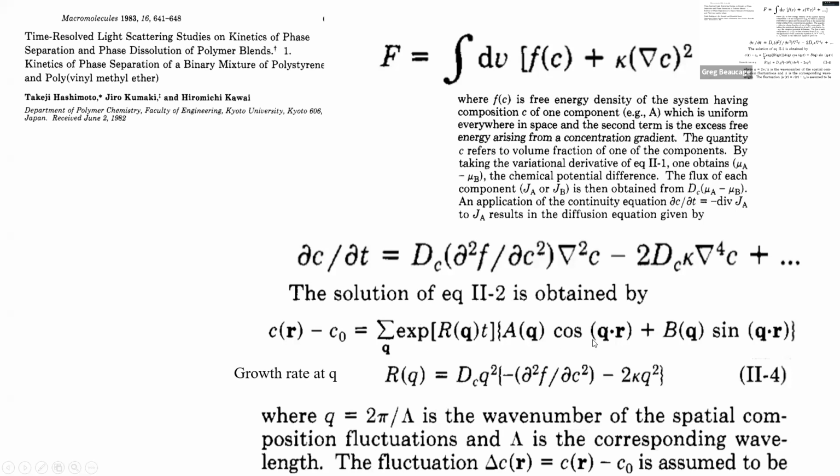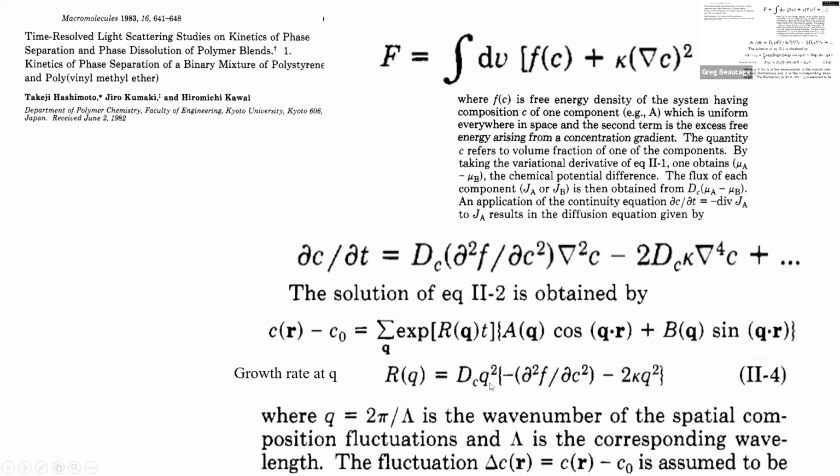So this is kind of a sine wave. Basically the phases in spinodal decomposition are going to be like sine waves. The wave vector times the position gives you the frequency of the sine wave, and then this is the rate of growth at that size scale, at that wave vector.